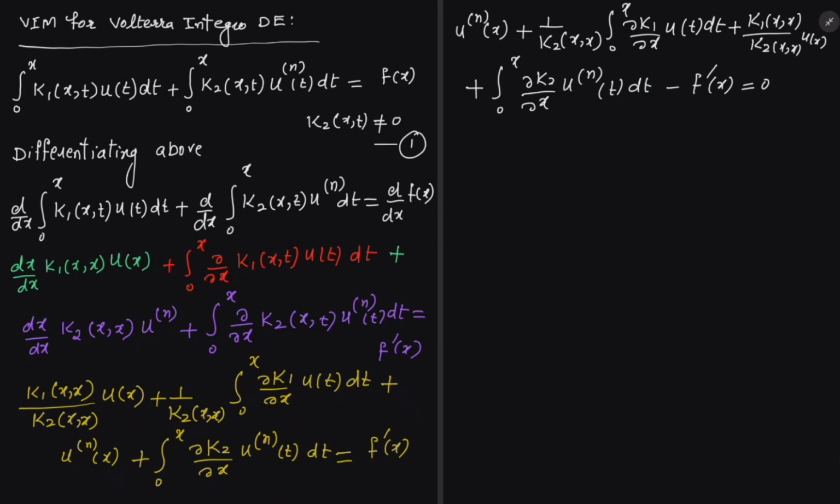So here we have u nth derivative plus this complete expression on the left hand side, which becomes a function of u, u dash, and up to the nth derivative.